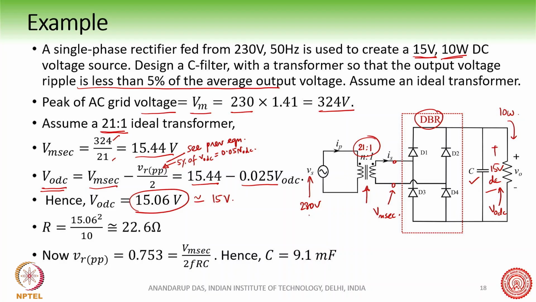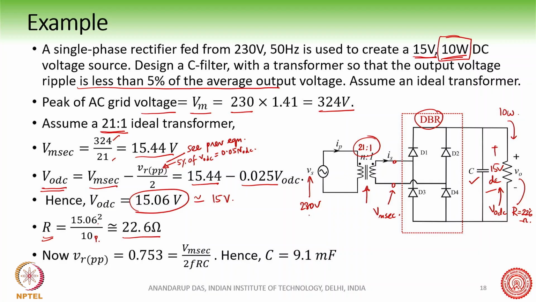Now we have also said that the power is about 10 watt. So the load resistance R is about 22.6 ohm, because this is the voltage squared divided by the power.